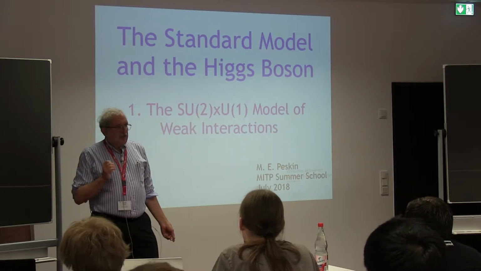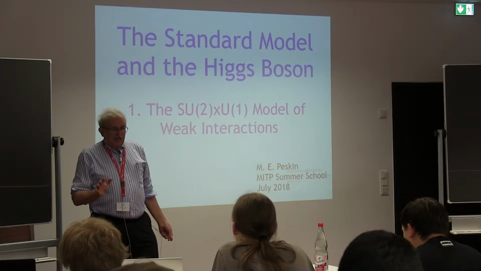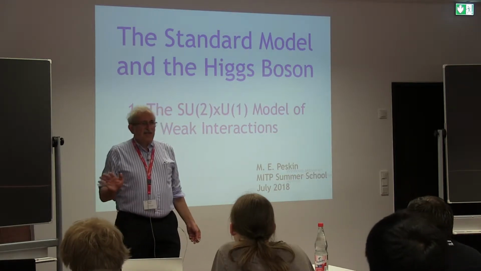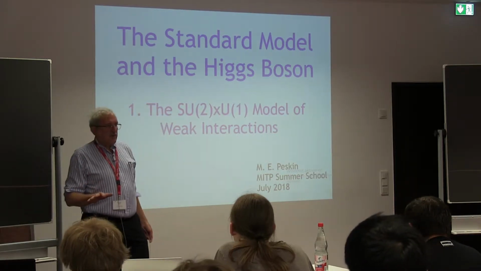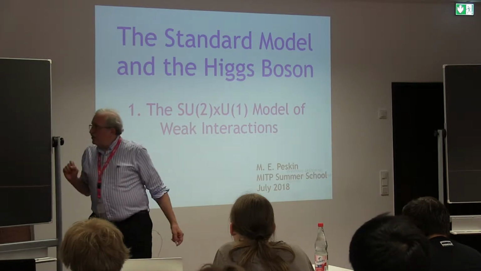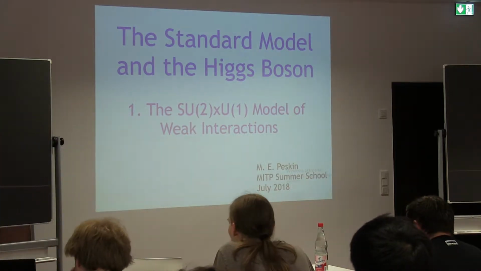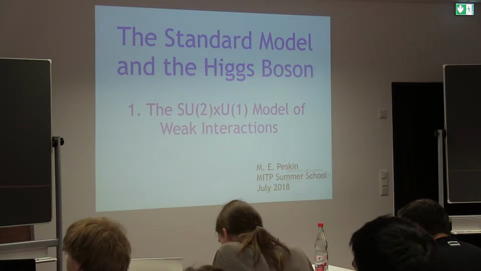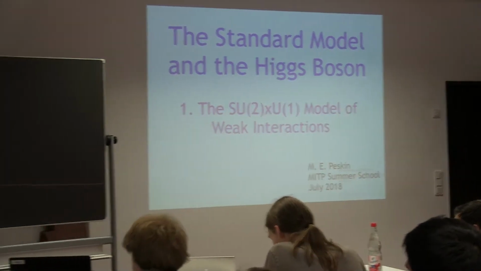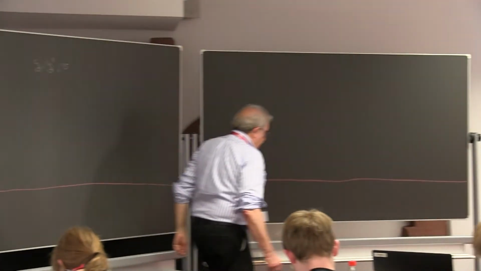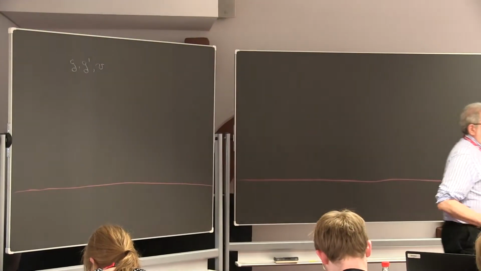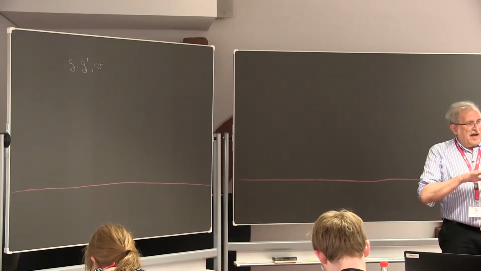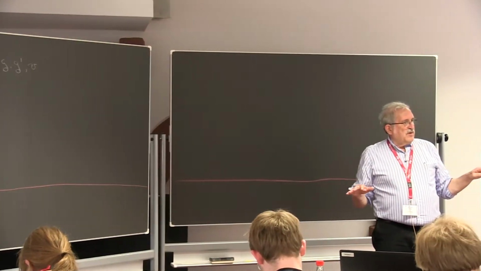To introduce that, I need to say a few things which are a little more sophisticated that I didn't say yesterday about the SU(2) cross U(1) theory. The SU(2) cross U(1) theory, as I told you yesterday, has basically three parameters, g, g prime, and v, which at the tree level define all the predictions of the theory.